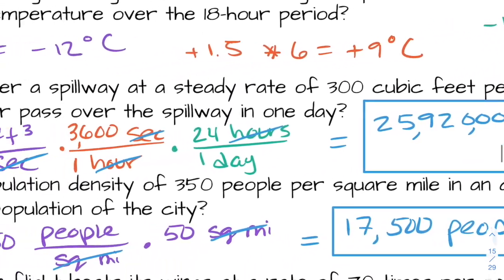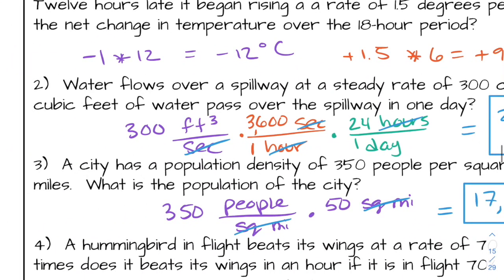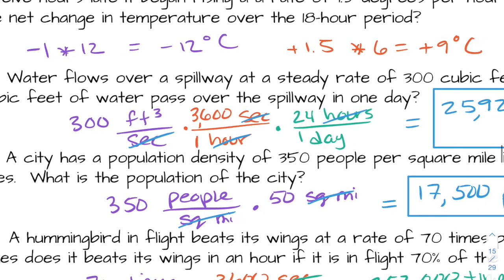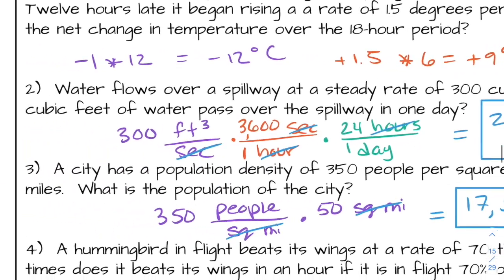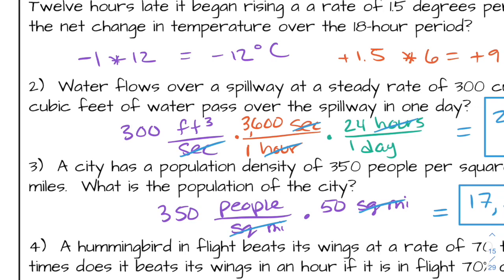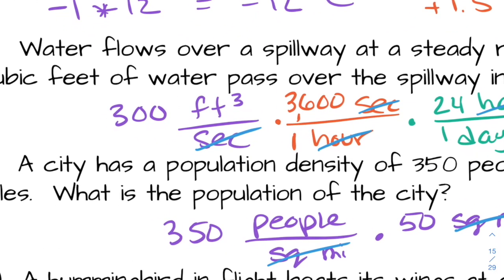All right. Number two, if I go too fast, just pause the video, okay? Number two, water flows over a spillway at a steady rate of 300 cubic feet per second. How many cubic feet of water pass over the spillway in one day? So I took 300 cubic feet per second and I multiplied it by, you can do minutes then hours, but there are 60 seconds in a minute, 60 minutes in an hour, so I just did 3,600 seconds in an hour.